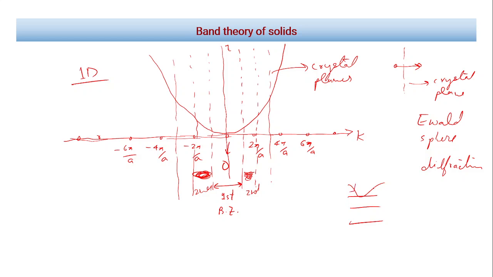The reciprocal lattice is an imaginary concept, but these crystal planes are real. So diffraction happens, meaning electrons, which in quantum mechanics are also considered as waves, interact at these crystal planes, and that leads to some change in the energy. This energy, which is proportional to k square, will have some distortion at every crystal plane.